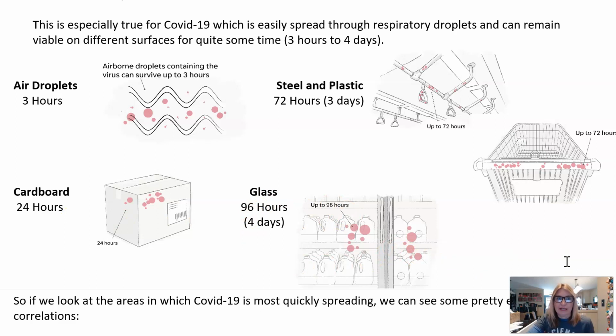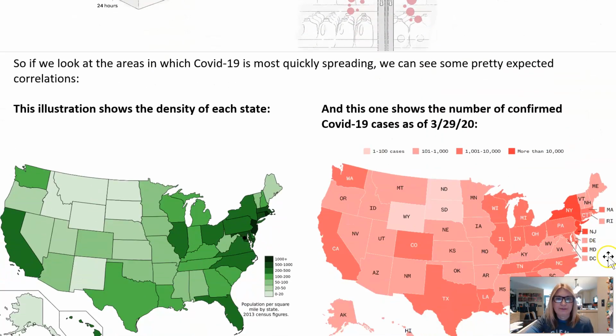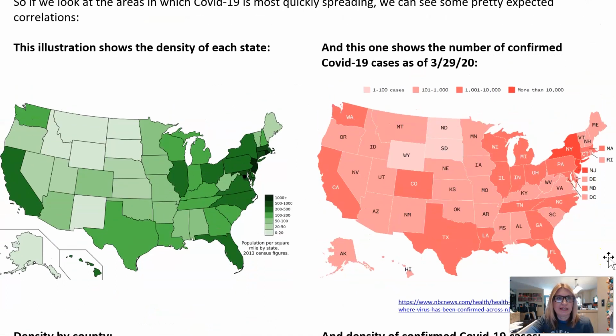So, ooh. And if we look at the areas in which COVID-19 is most quickly spreading because it spreads so quickly and it can live on these surfaces for such a long time, we see some pretty amazing yet expected correlations. So, first one we're going to look at is the density of each state.